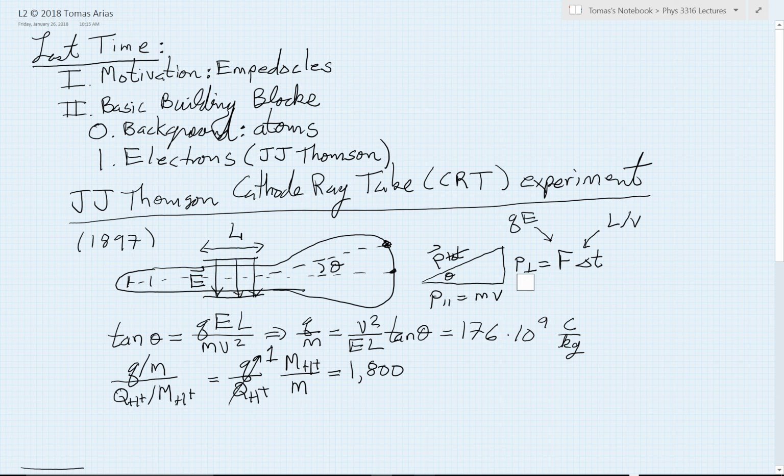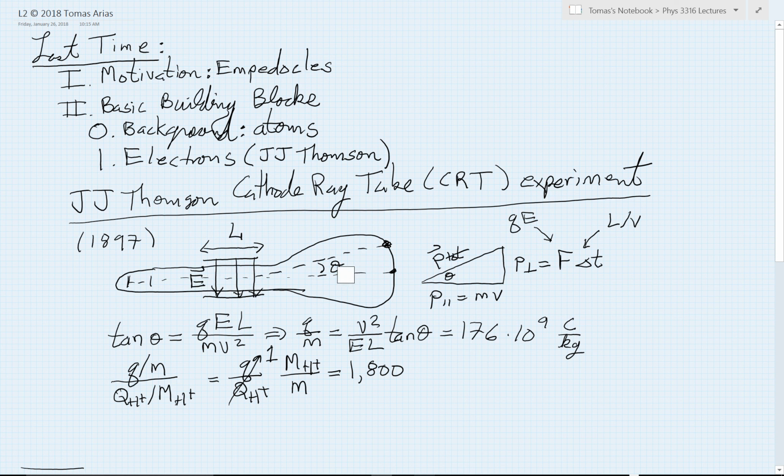The momentum change is always the force times the time over which the force is applied. The force is the charge, this unknown charge that we're trying to find, times the known electric field, times the time spent experiencing that force. That force is only in this portion of the beam, and the time they spend in it as they travel through the capacitor is the length of the capacitor L divided by the known velocity v of the particles.